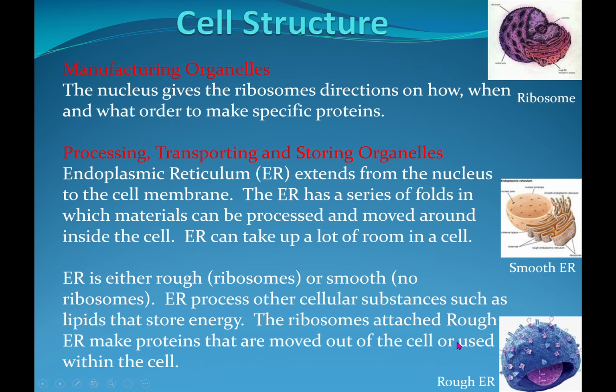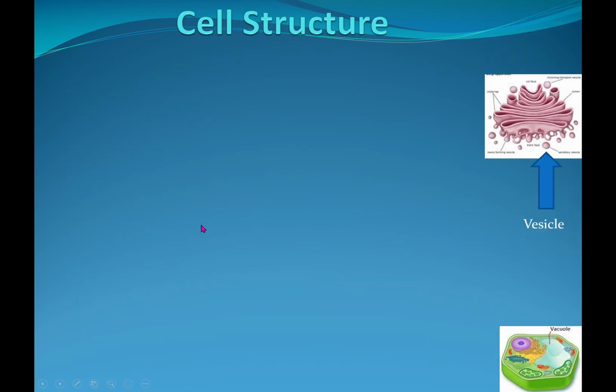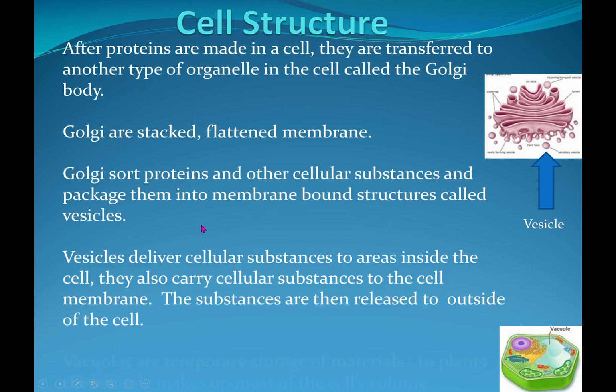The ribosomes attached to the rough ER, right here, make proteins that are moved out of the cell or used within the cell. So this can be transported in the cell or transported out. Usually those free-floating ones, you'll see them move closer to the cell membrane to be transported out for other purposes. Okay, a couple more things to talk about here.